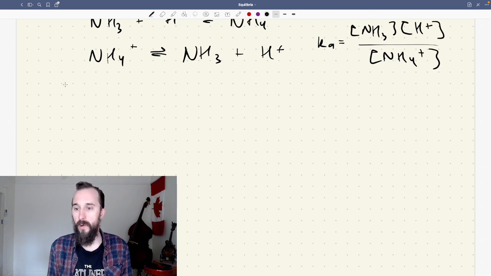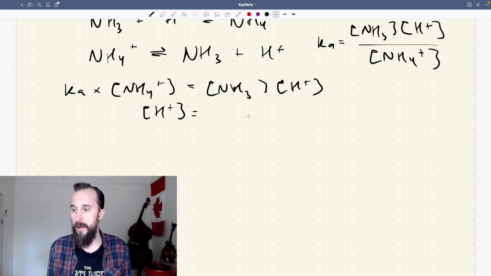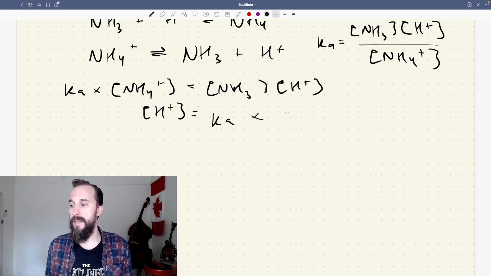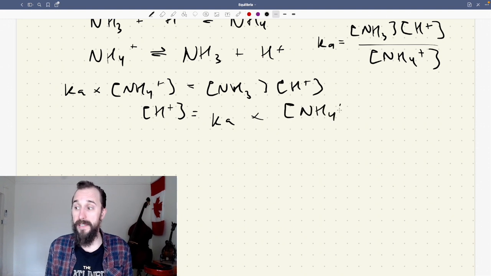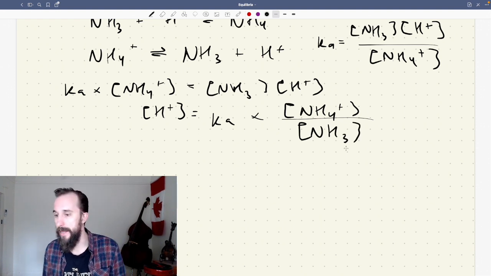If we bring the NH4+ over, we're going to have Ka times NH4+ is equal to NH3 times H+. And then we've just got to bring the NH3 over. So that'll give us the concentration of our hydrogen ion is equal to our Ka times the conjugate acid, divided by the weak base concentration that we were given in our question.